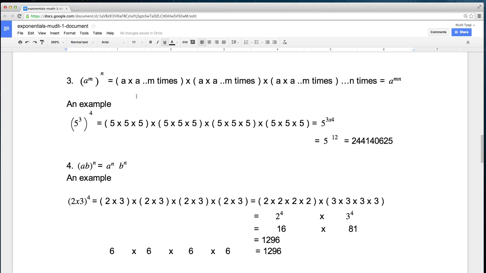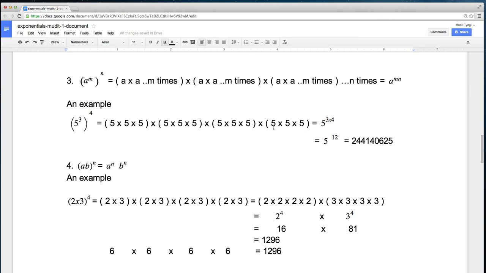Let's take a look at an example. So you've got 5 to the power of 3, and then the whole thing is raised to the power of 4. So what that gives you is 5 times 5 times 5, that's 5 to the power of 3, and that's what I put inside the bracket, and then that is multiplied by itself 4 times. Now if you stare at this, you can see that you can just open these brackets up, and what you have is 5 multiplied by itself 12 times.